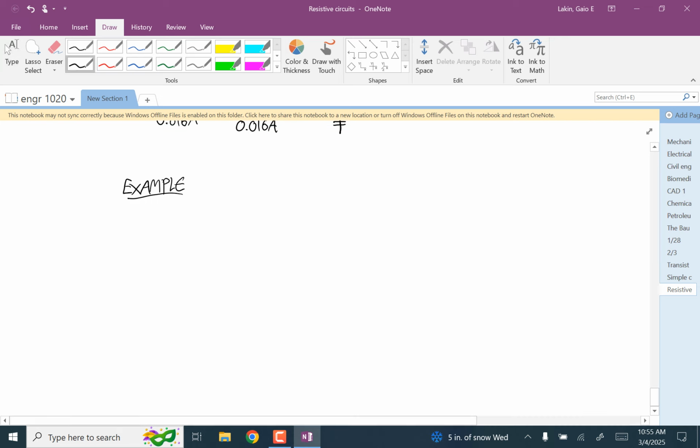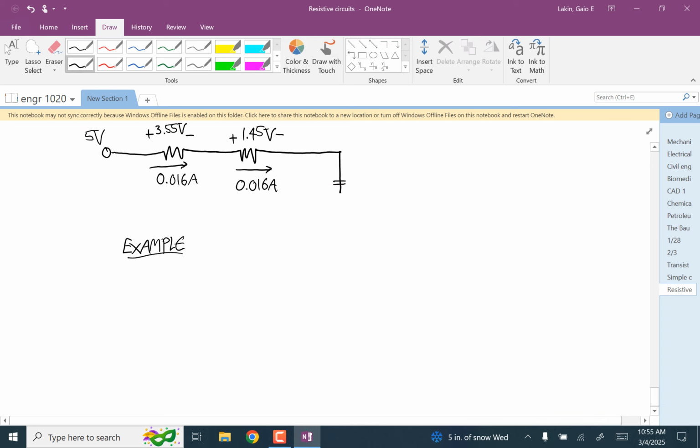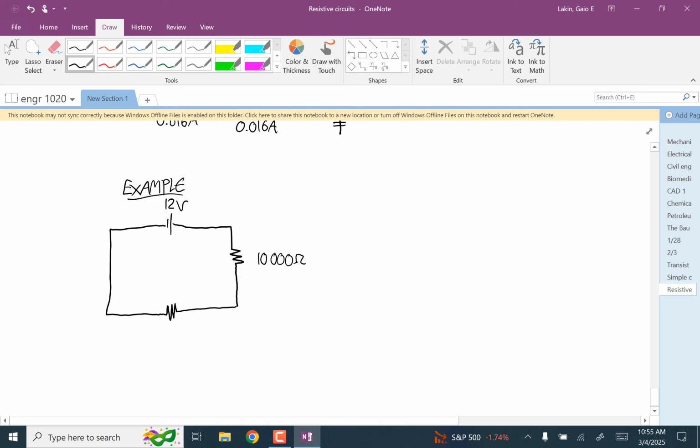So let's say this time that the voltage is provided by a battery, and let's say that the battery is 12 volts, and the positive is to the right, and we have a resistor there, and a resistor there, and let's say this is 10,000 ohms, and this is 1,000 ohms.